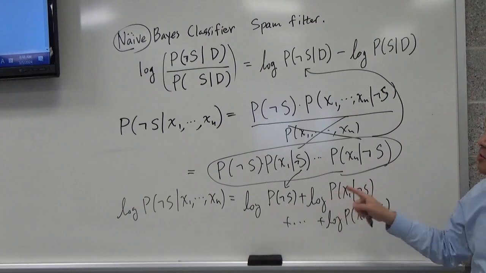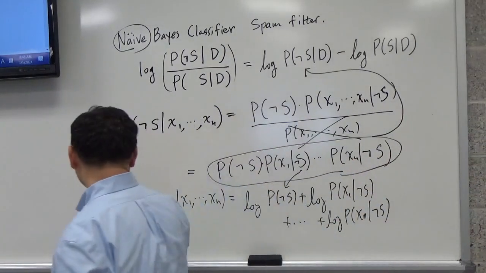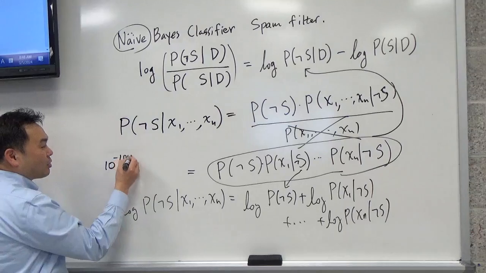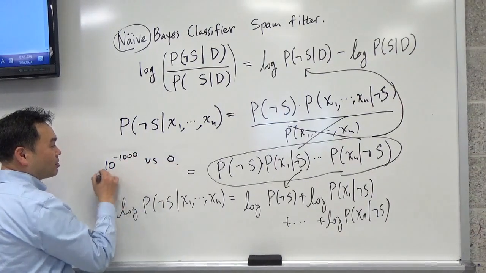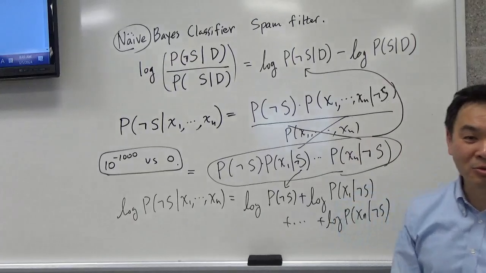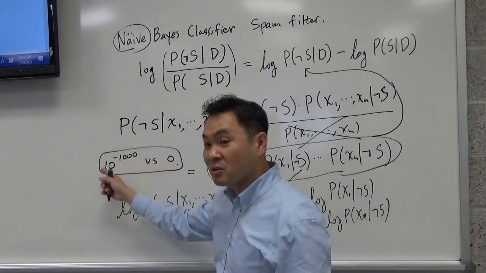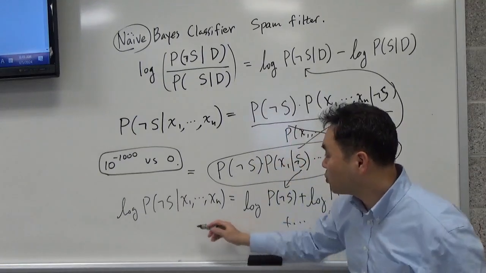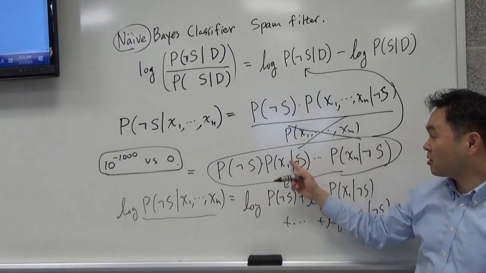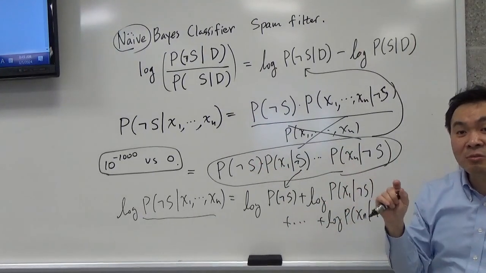Now, the reason that you take logs is because these computer systems are very stupid, so it doesn't know the difference between 10 to the negative 1,000 versus 0. If you ask Python what is 10 to the negative 1,000, it'll just say 0, although that's not true. Whereas if you take the log, this becomes a number that's doable. When you compute this just using the product, and the email is very long, and these words are ones that don't appear a lot, you end up with a very, very small number.